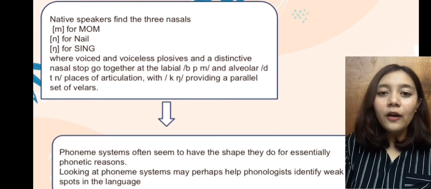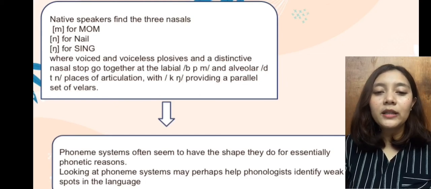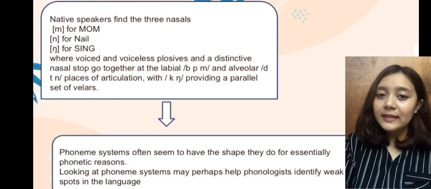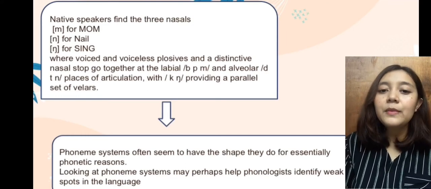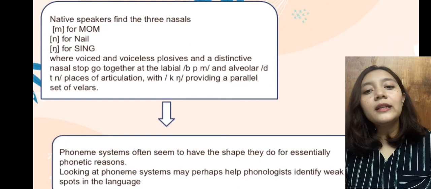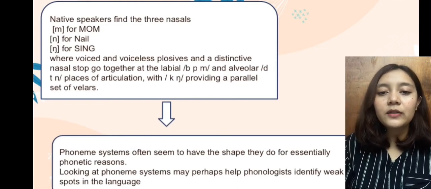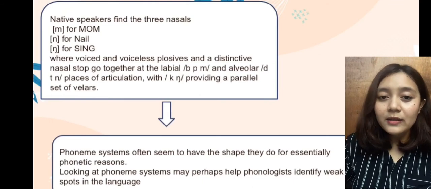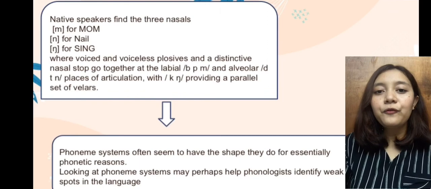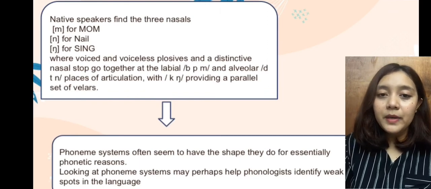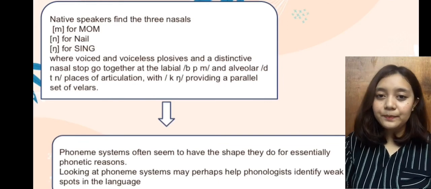Phoneme systems often seem to have the shape they do for essentially phonetic reasons. For instance, if there are too many distinctive sounds with similar features, they are likely to be misperceived and gradually merge historically. Thus, English has pairs of contrastive voiced and voiceless stops at the labial, alveolar, and velar places of articulation.